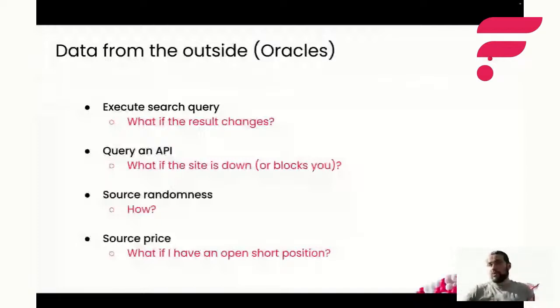So those are all the things that come with the word oracle. So all the things that you need to be careful about when considering getting external data, and all the things that need to be thought of when designing a system that gathers data in a secure manner.